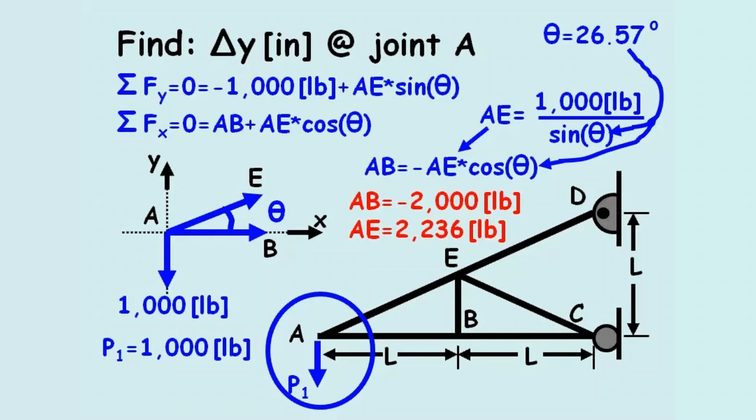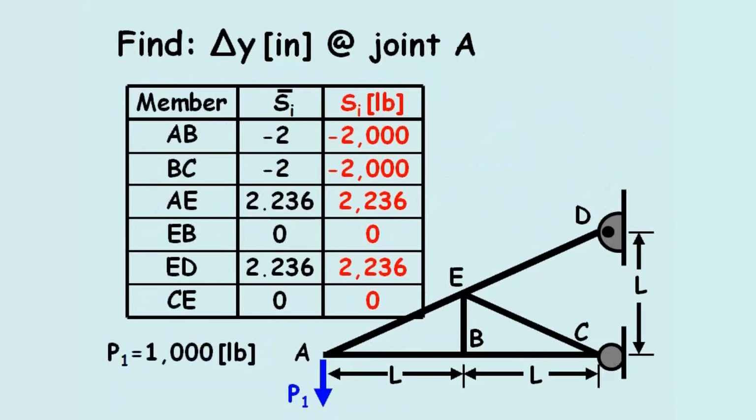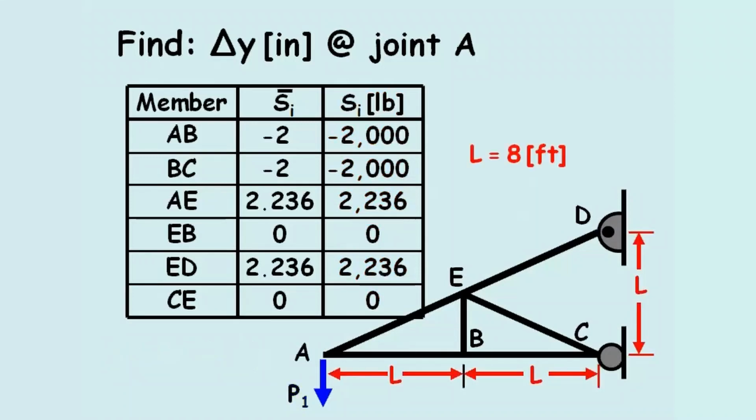The remaining member forces are also calculated based on static equilibrium and added to the table as variable SI. Using trigonometry and knowing L equals 8 feet, the lengths of all the members are calculated and also added to the table.